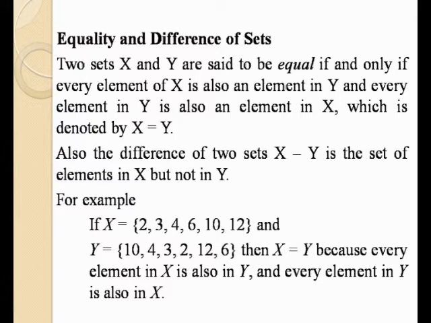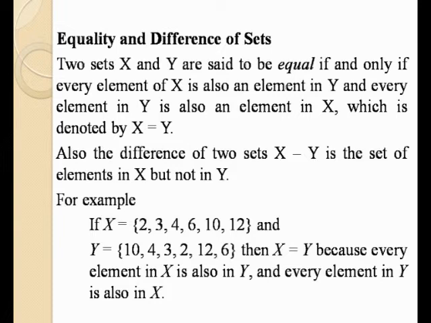Two sets, X and Y, are said to be equal if and only if every element of X is also an element of Y. That is, every element of X is found in Y, and every element in Y is also an element in X, which is denoted by X = Y. That is, when all the elements found in set X are the same elements that we can find in Y, without exemption, without addition, then we can easily say that set X is equal to set Y. Also, the difference of two sets, X minus Y, is a set of elements in X but not in Y.